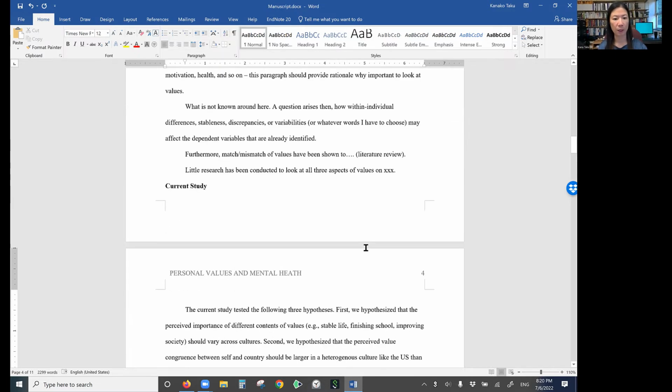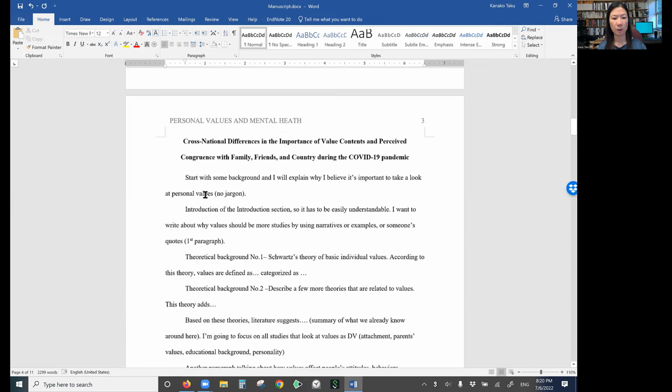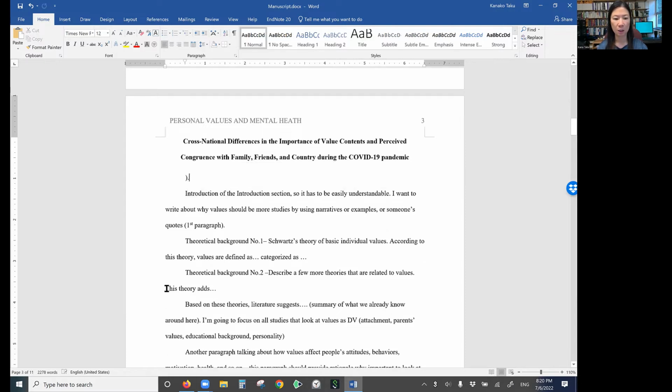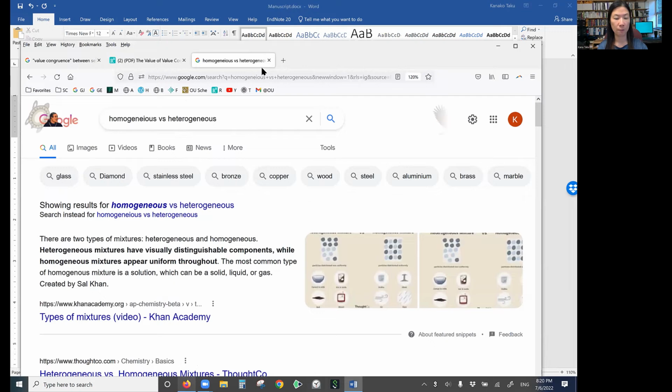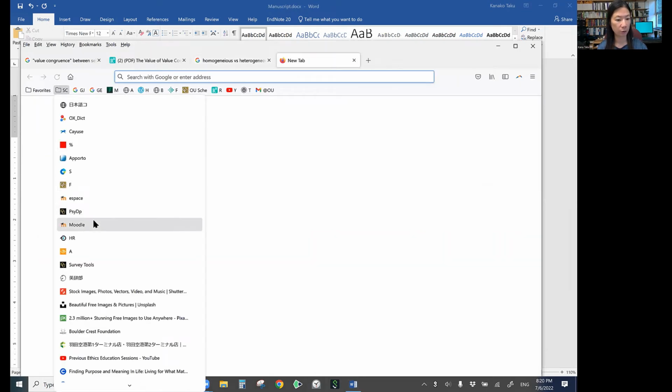Okay, something like that. Now I want to start with some background, and I will explain why I believe it's important to take a look at personal values. If so, I would do more literature review.